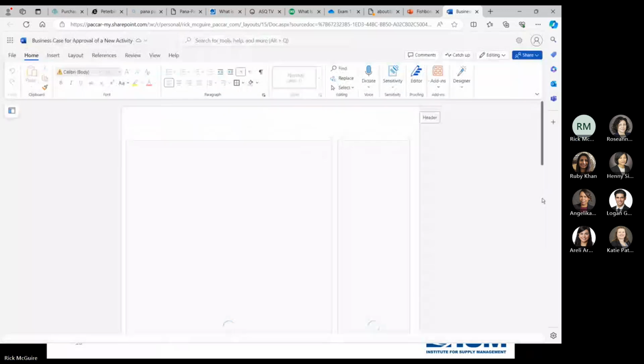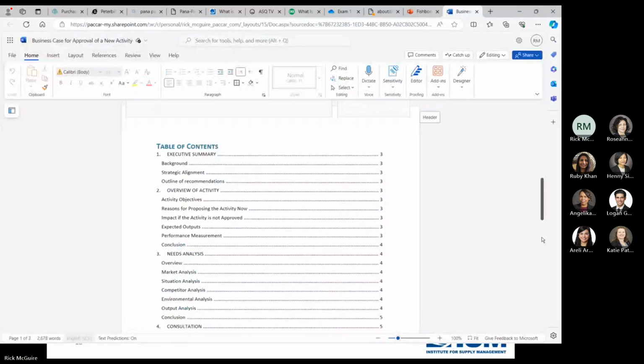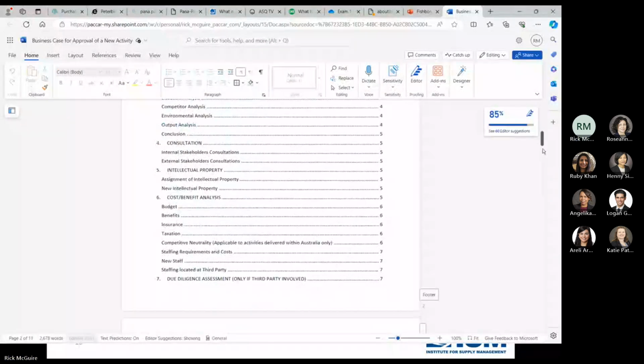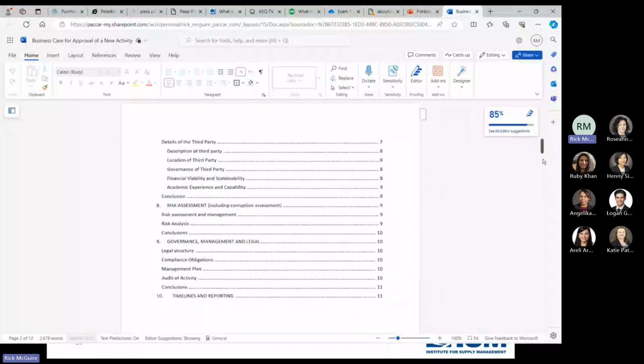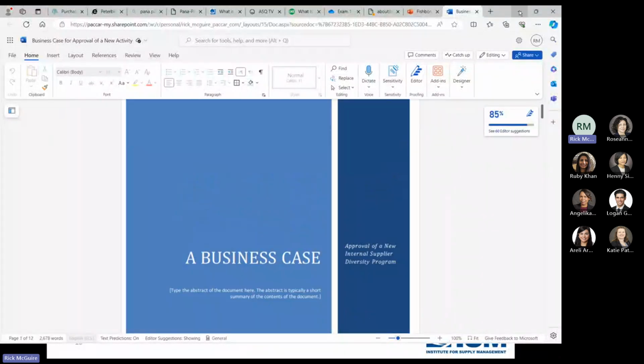I haven't been able to find it, but one that comes from, I think, government. But it has the basic things: executive summary, needs analysis, consultation, cost benefit analysis, due diligence, risk analysis, governance. Those are the basic things for a business case.